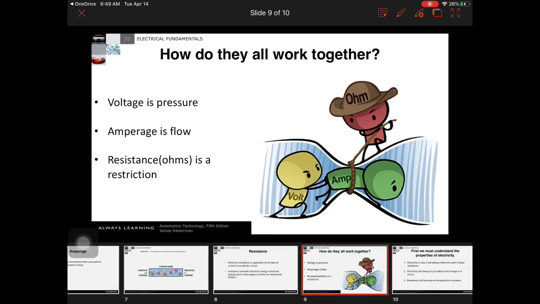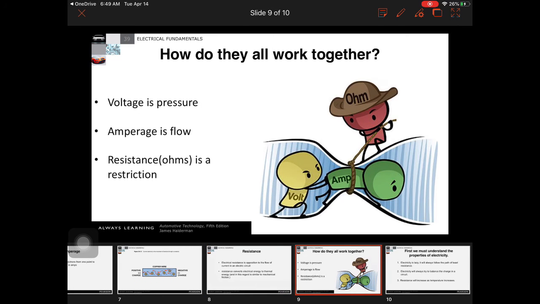So how do they all work together? This is the nice little drawing that I kind of prefer. You can see that we have our volts, our ohms, and our amps. Okay? So we always have to remember voltage is pressure. It is going to push the amperage down the line.